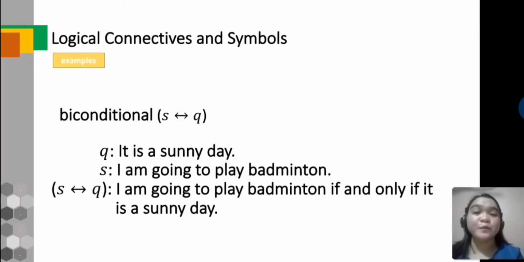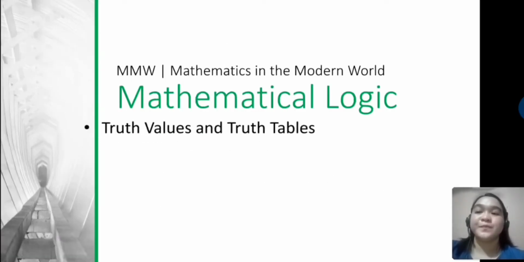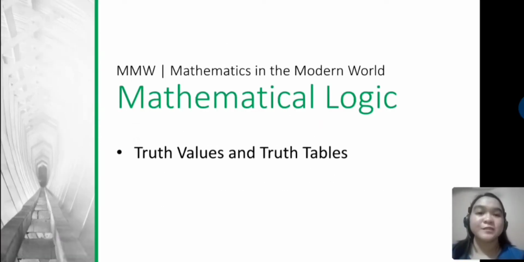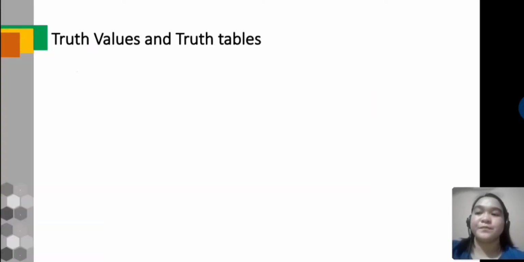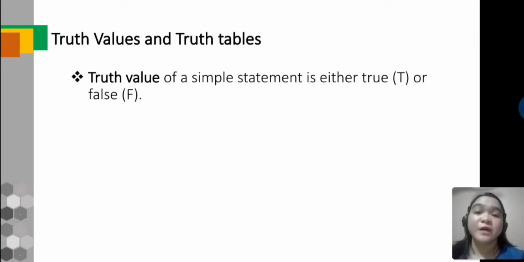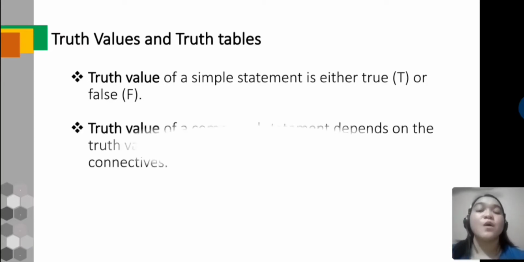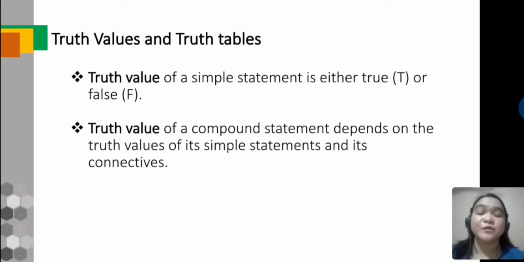Let us now move to our next topic, which is the truth values and the truth tables. The truth value of a simple statement is either true or false, while the truth value of a compound statement depends on the truth values of its simple statements and its connectives.